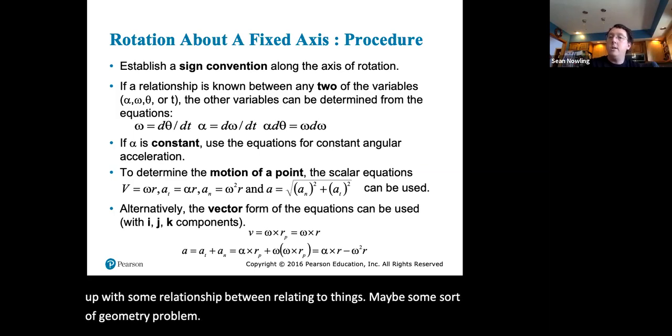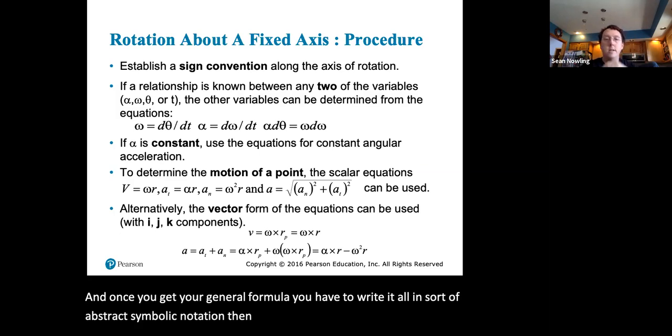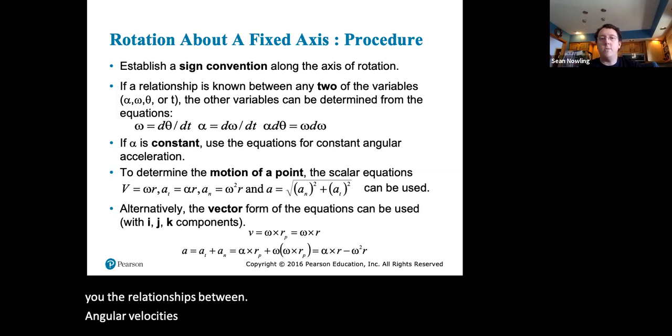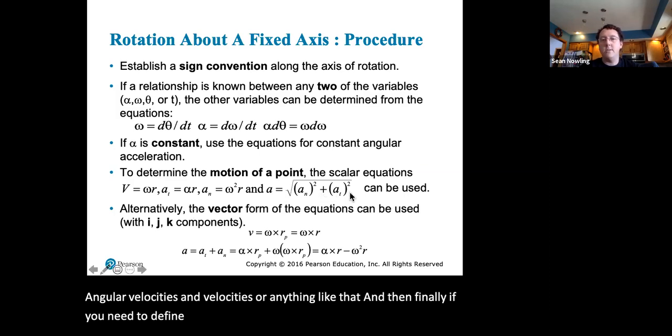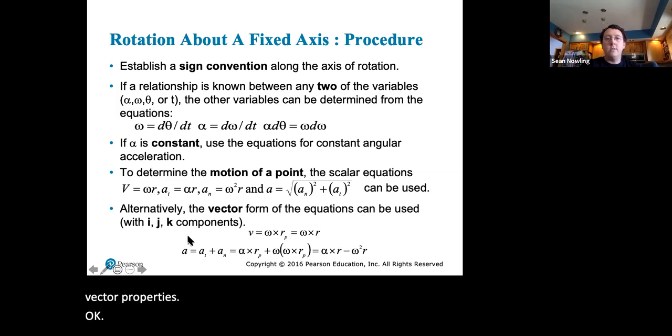Once you get your general formula, written in abstract, symbolic notation, take a time derivative, and that gives you the relationships between angular velocities and velocities. Finally, if you need the accelerations, you can pull it all together with vector properties. That's generally the method to solving one of these problems.